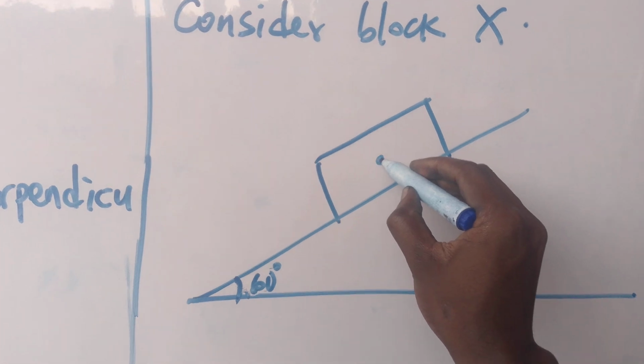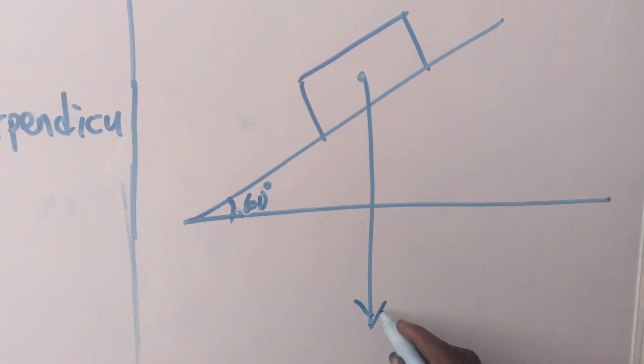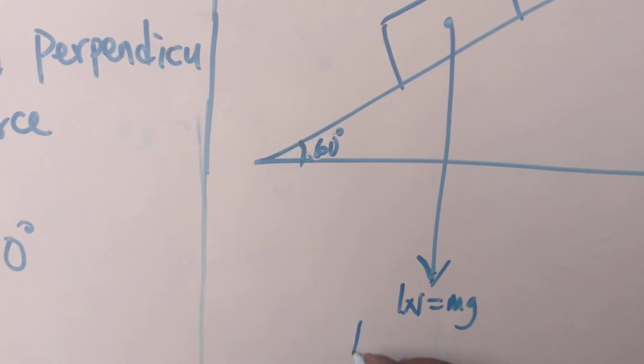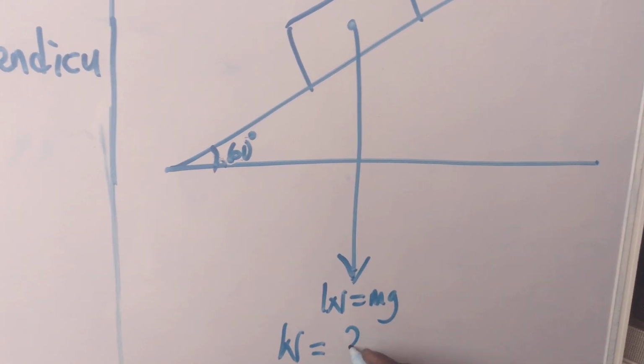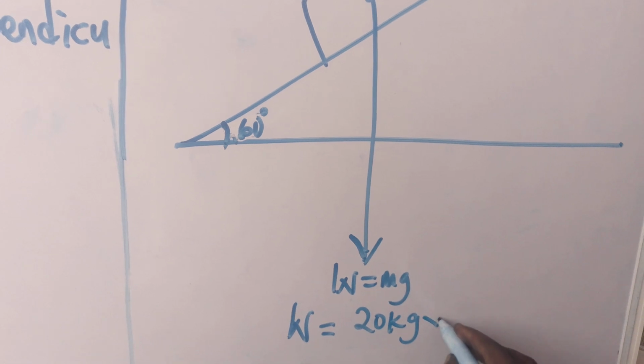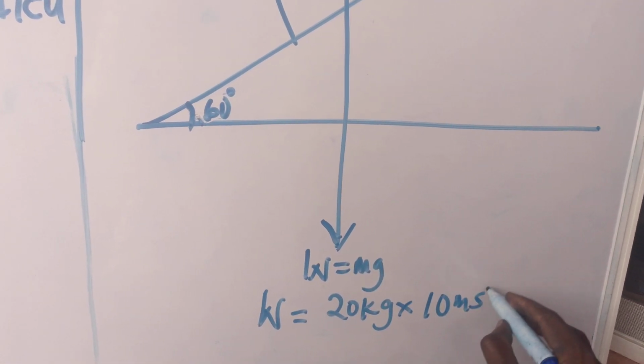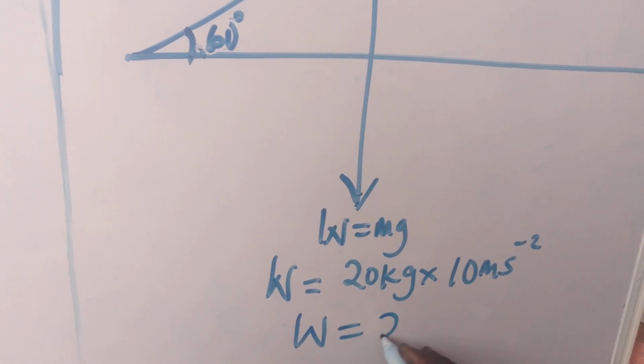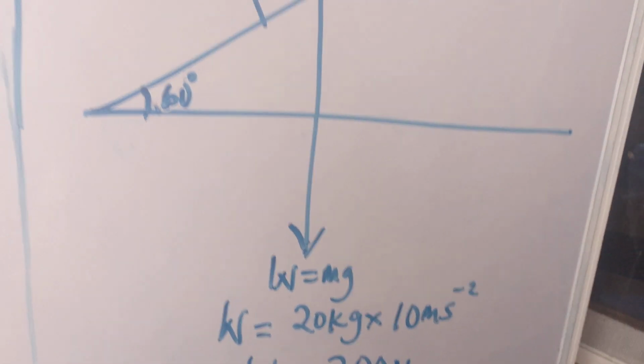The weight of that block acting vertically downwards is W equals mg. The mass of the block is 20 kilograms, and acceleration due to gravity is 10 meters per second squared, so W will be equal to 200 newtons.